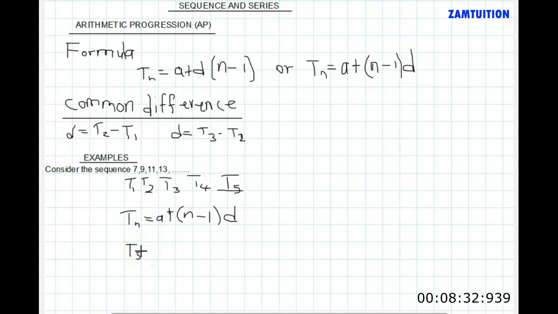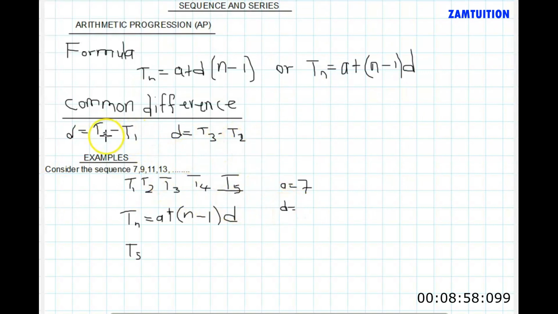So before we do that, first of all we have to find our first term. Our first term in this case is 7. And then we have to find the common difference, using T2 minus T1 or T3 minus T2.